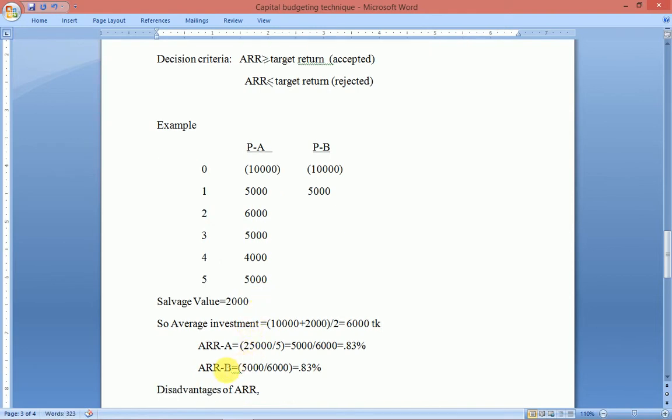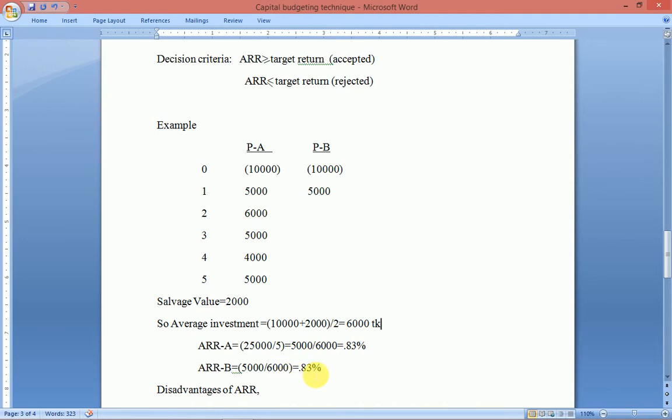Now if we calculate the accounting rate of return of project B, there is only one profit, so the average is 5,000, divided by 6,000 from here, and you also get 83%.